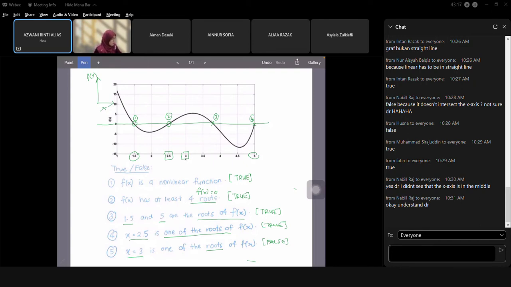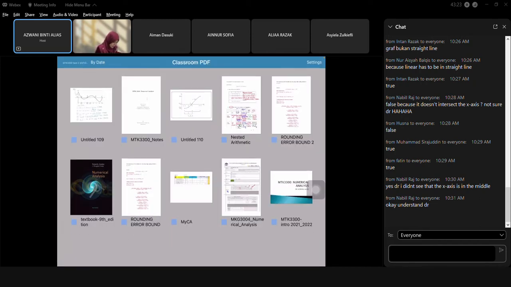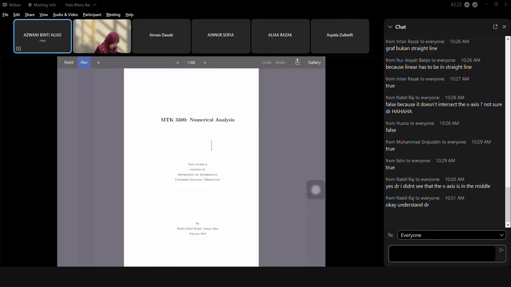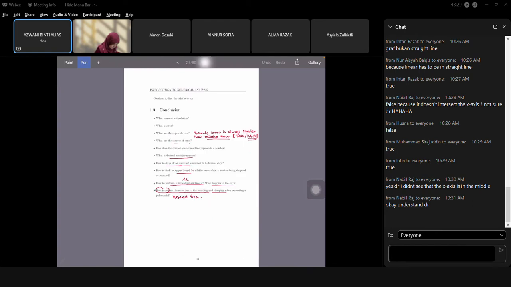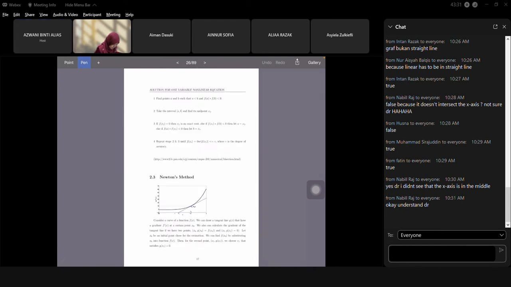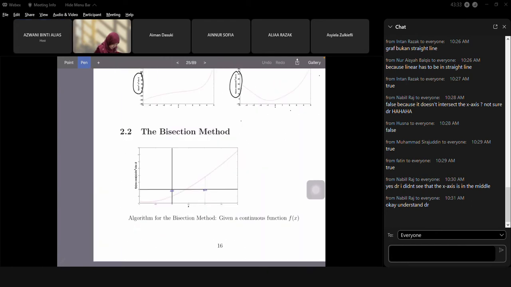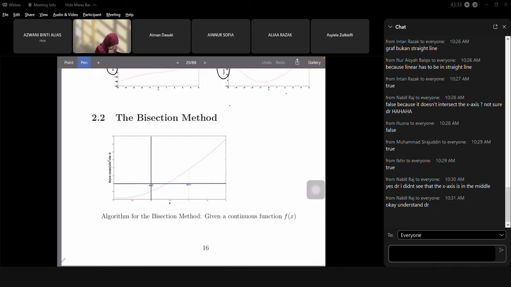Okay, now we go to the first method. Okay, this is bisection method.